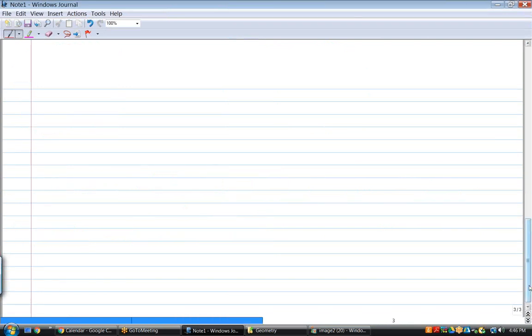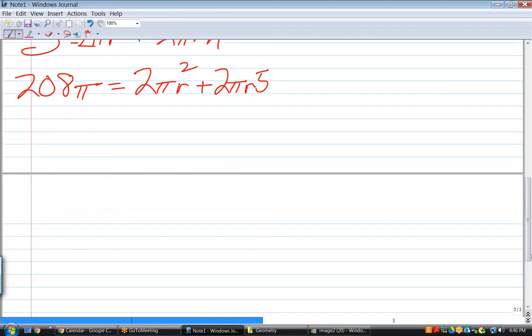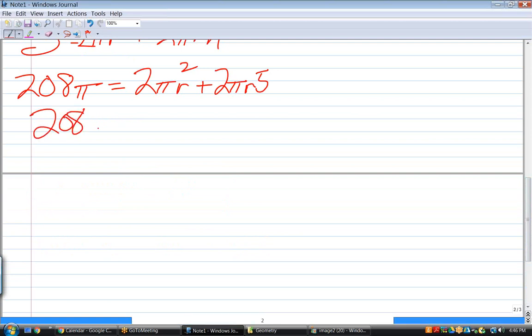Now it just becomes kind of a tough algebra problem, although not that tough. What's the next step in solving this for r?